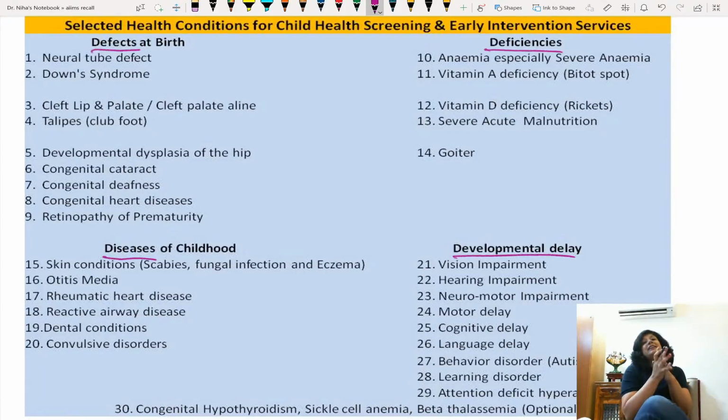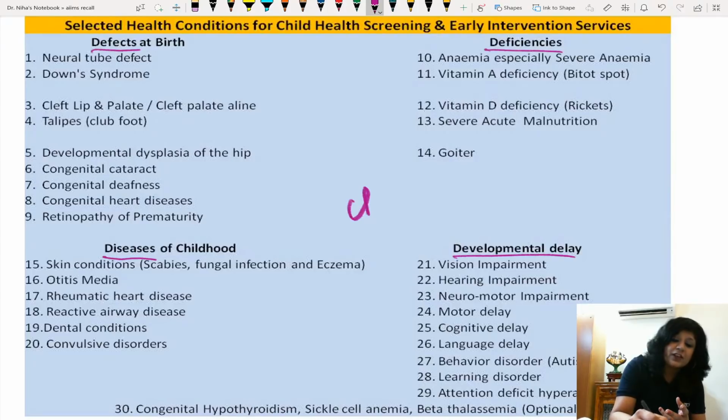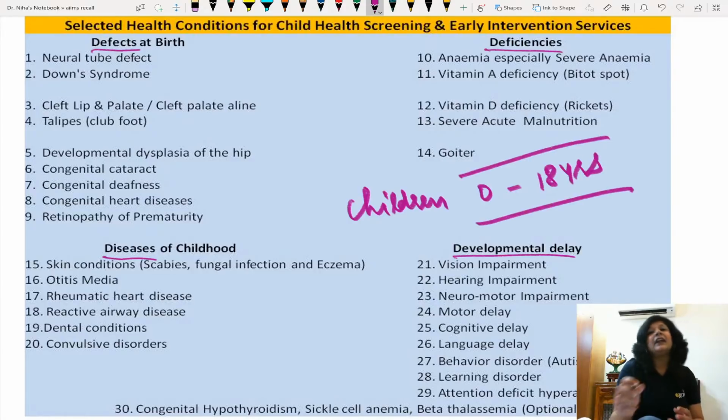These 4 Ds aspire for early intervention of the child from 0 to 18 years. So if the child has any kind of disease, we can have early intervention for that child. All the important diseases of the children are included here.